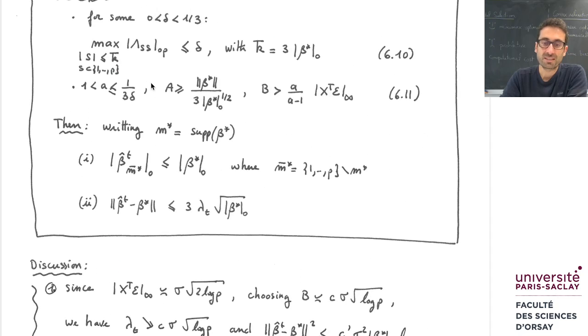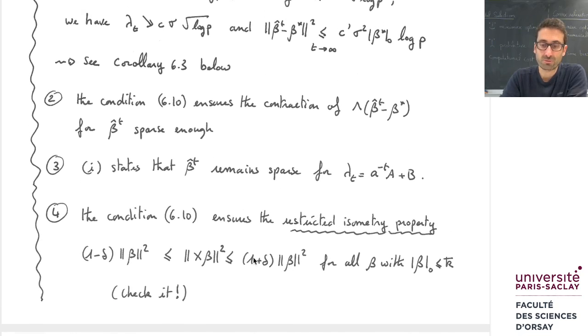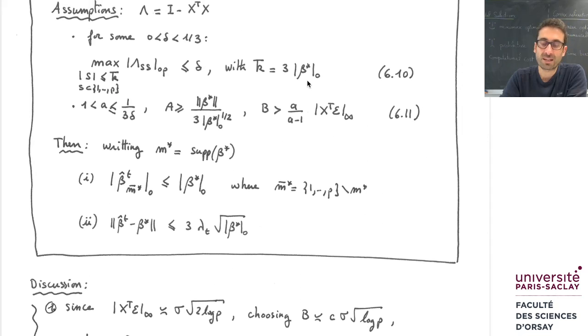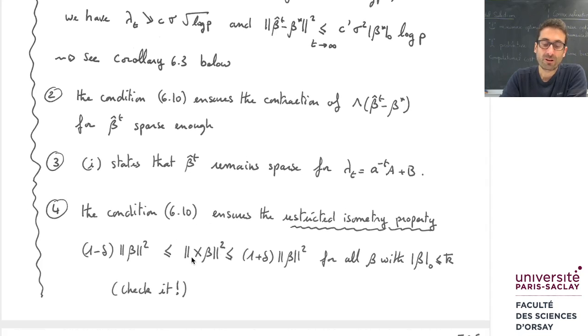This condition on the design, you can check, is actually even equivalent to the restricted isometry property, which tells you that when beta has a number of non-zero coefficients smaller than k bar, where k bar is 3 times the number of non-zero coefficients of beta star, then the squared norm of x beta is similar to the squared norm of beta, and the ratio between the two is somewhere between 1 minus delta and 1 plus delta.